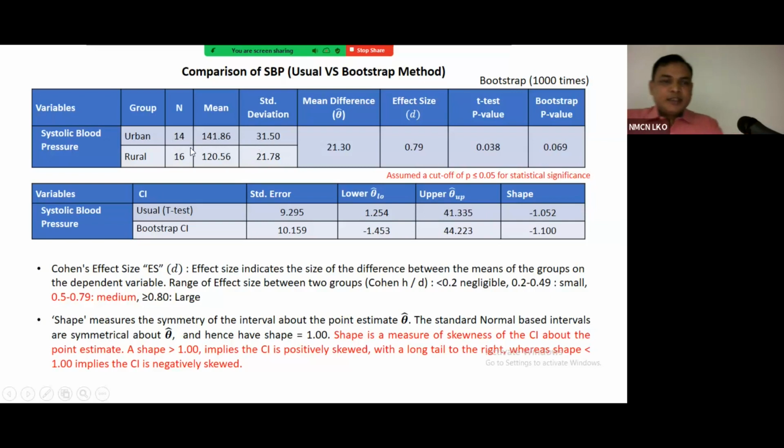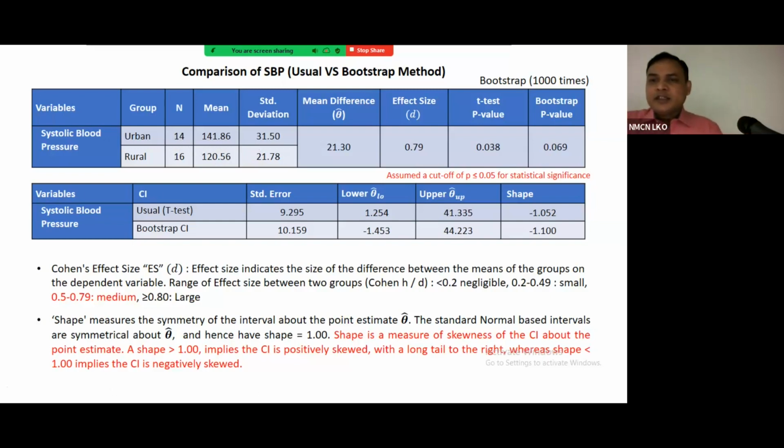The mean is 141.86 in the urban group, and the rural mean of the systolic blood pressure is 120.56. When we analyze through the parametric methods, we use these tests to measure the difference between the rural and urban systolic blood pressure.